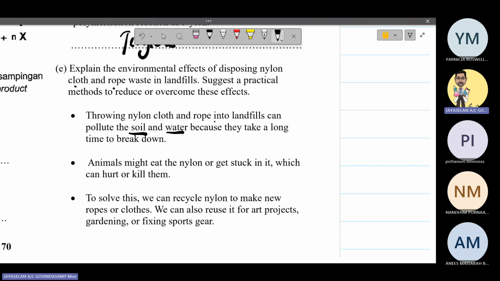Also water. It takes time to break down because nylon is non-biodegradable. So you put non-biodegradable. Animals might eat the nylon and get stuck in it, which can hurt or kill them.